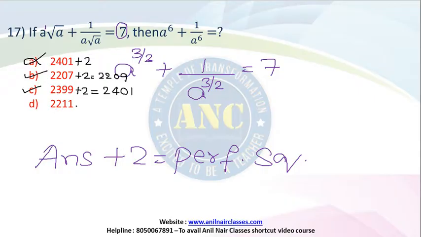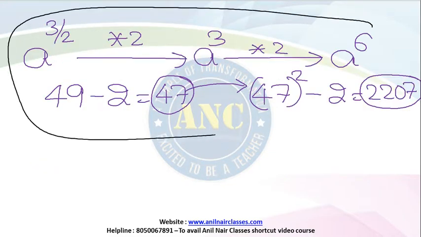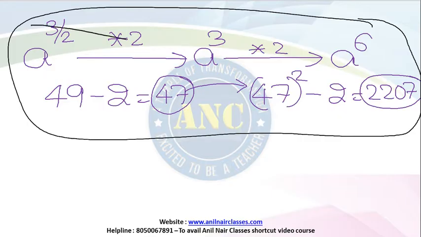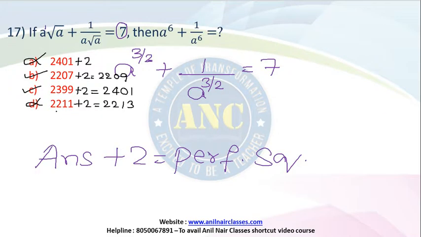Next, 2211 plus 2 is 2213. A perfect square never ends with 3, ruled out. Now there is a confusion whether to go for second option or the third option. That is where you need to do all these calculations, sir. But actually these calculations are not required if there is only one option which is a perfect square, like 16th and 15th questions what we have solved.